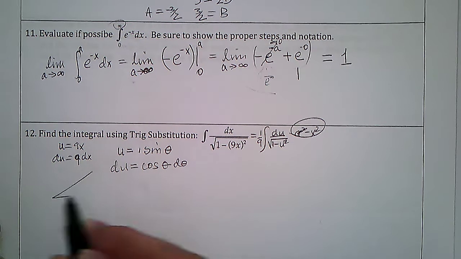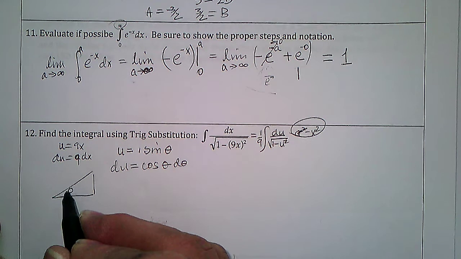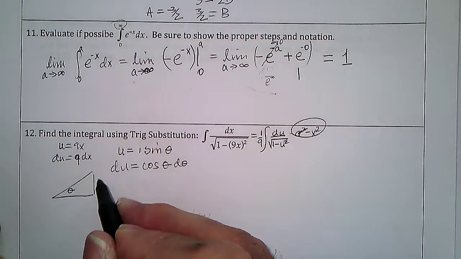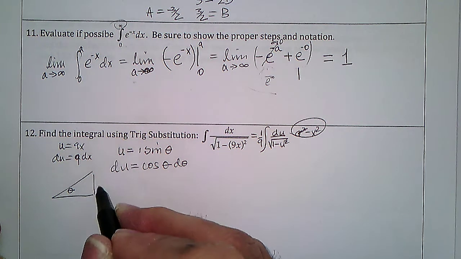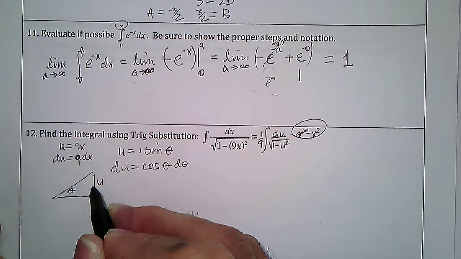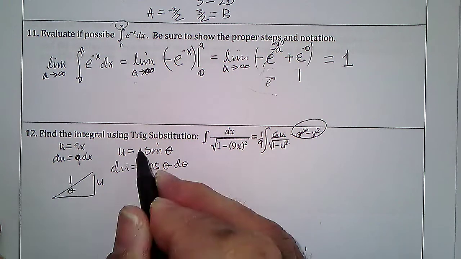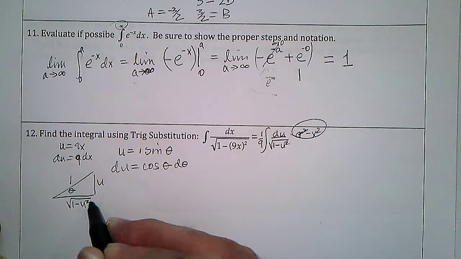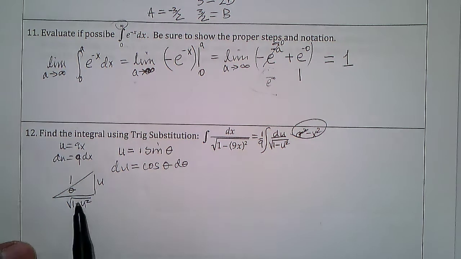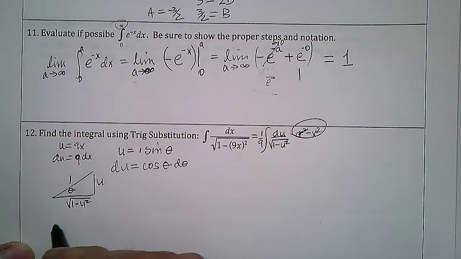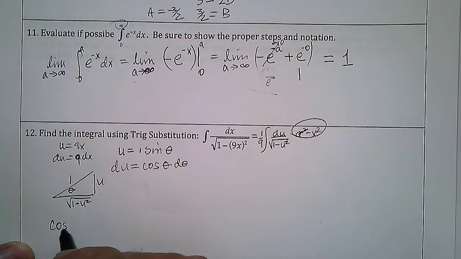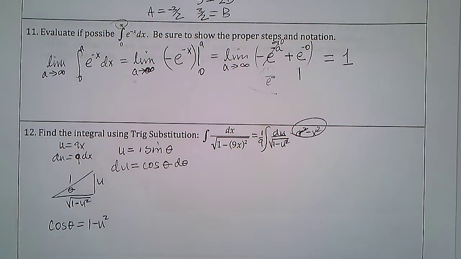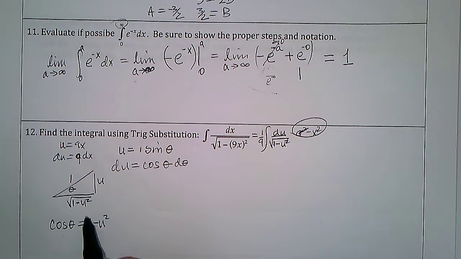The picture would look like the angle, and the sine is u, opposite over hypotenuse over 1. So this side would be the square root of 1 minus u squared, which is the cosine. So cosine of theta would be the square root of 1 minus u squared.